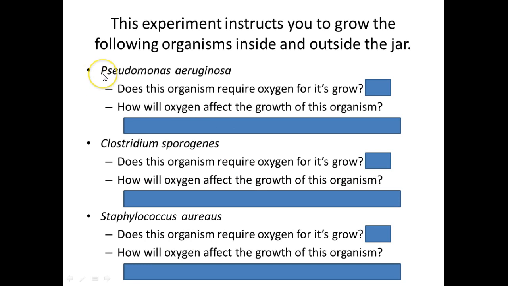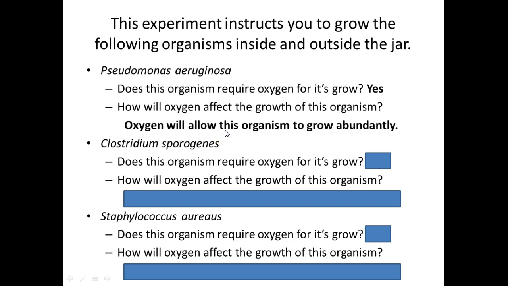So based on the information, Pseudomonas aeruginosa, does this organism require oxygen for its growth? This was our obligate aerobe, so yes. And how does it affect its growth? It actually makes growth possible and allows it to grow abundantly. Clostridium sporogenes was our anaerobe.